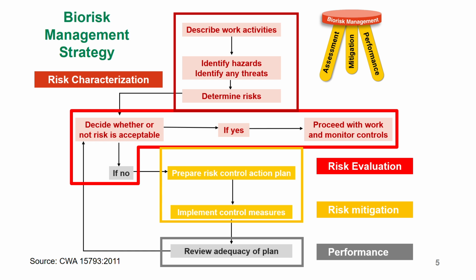So if you have the resources, and as a laboratory you have everything you need to put up additional control measures, at this point you need to again prepare a risk control action plan and implement those new or additional control measures.